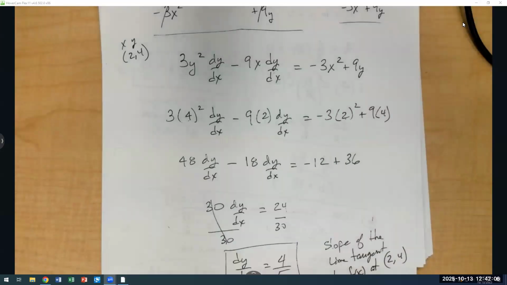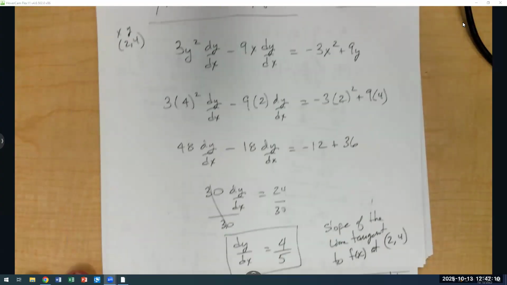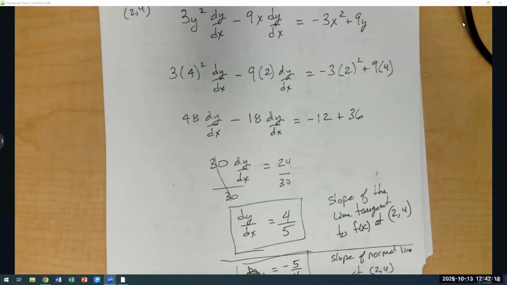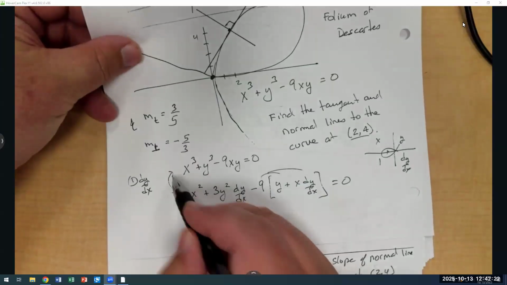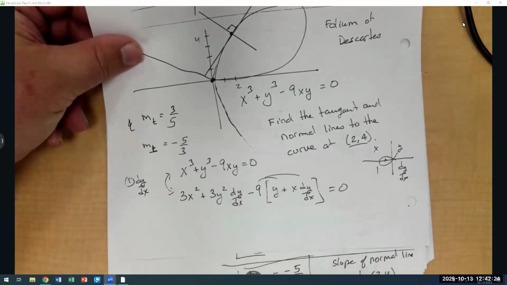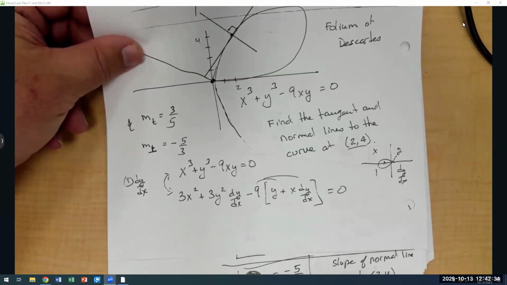And that was mostly algebra also. That's just solving for dy dx. What was calculus in there? The only thing calculus-y was from here to here. That's all calculus. The first derivative. From there, it was algebra, solve for dy dx.